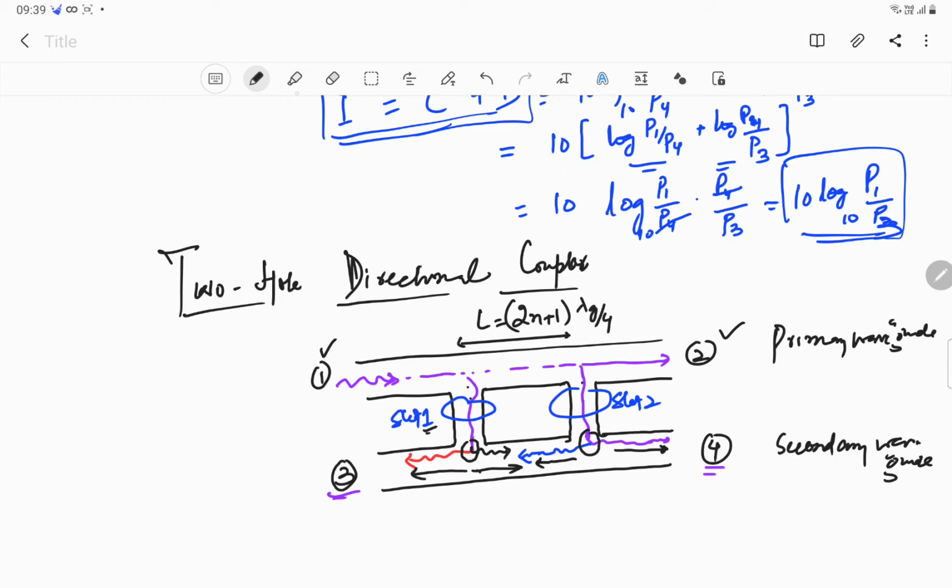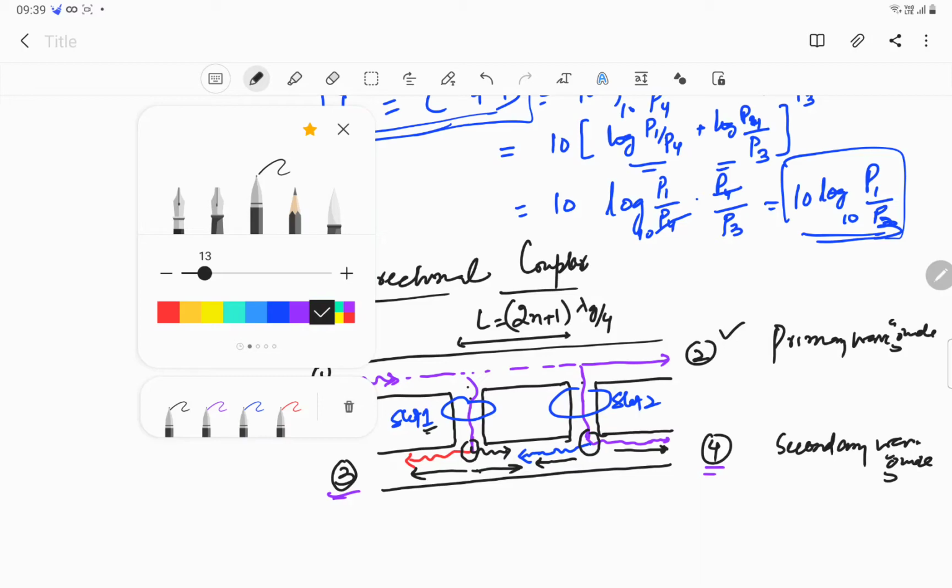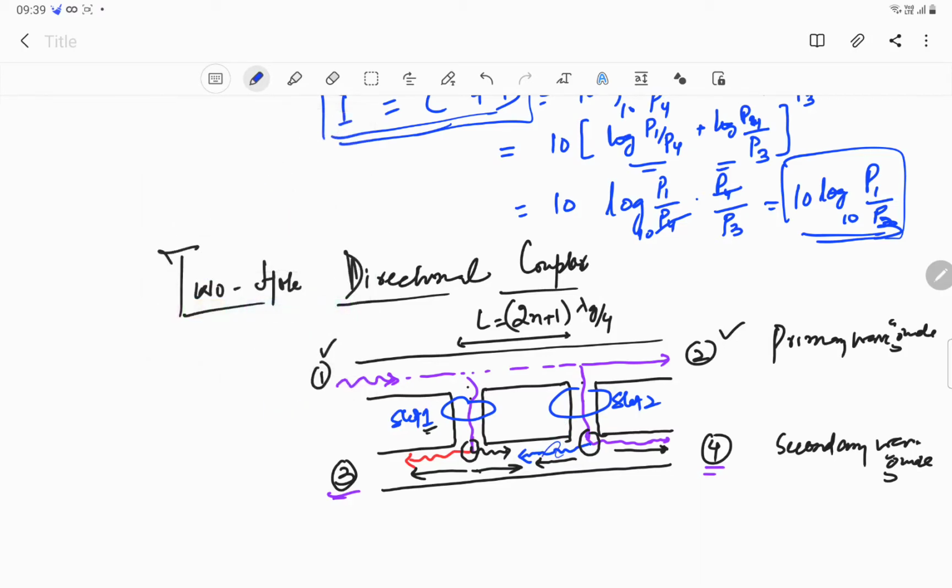If I designate these forward waves by, say for example, F1 and F2, these forward waves F1 and F2 add up in phase at port number 4. So we receive some power at port number 4.